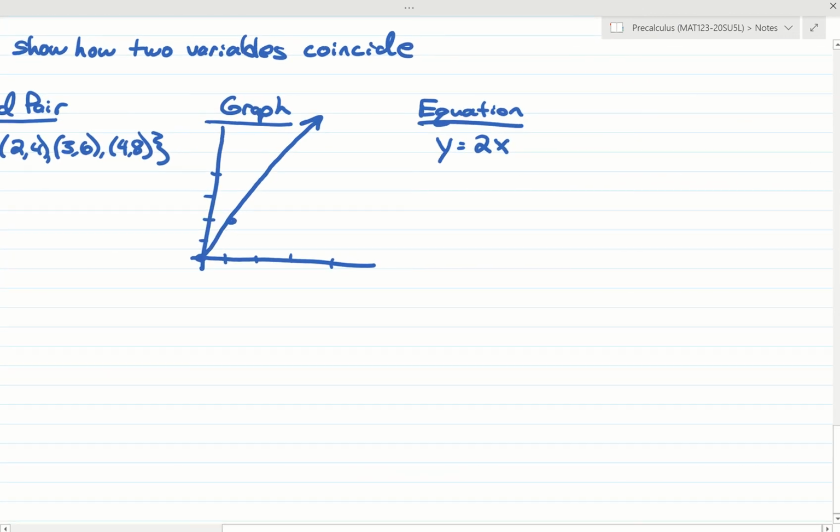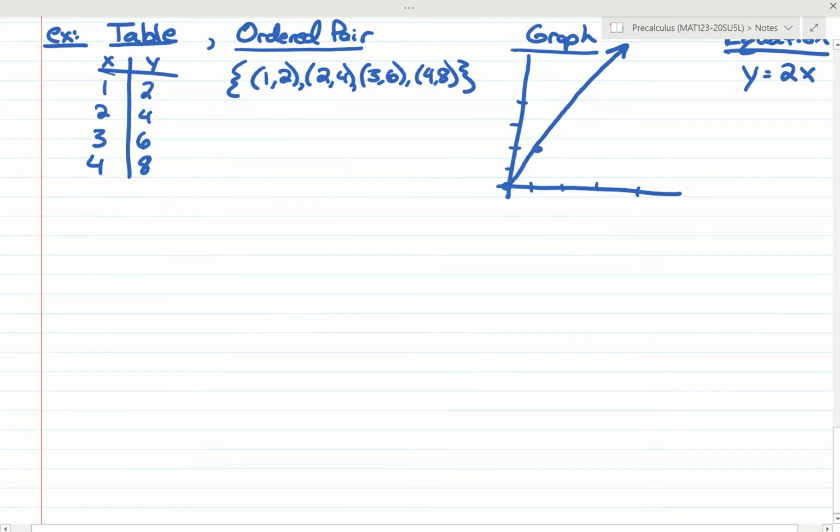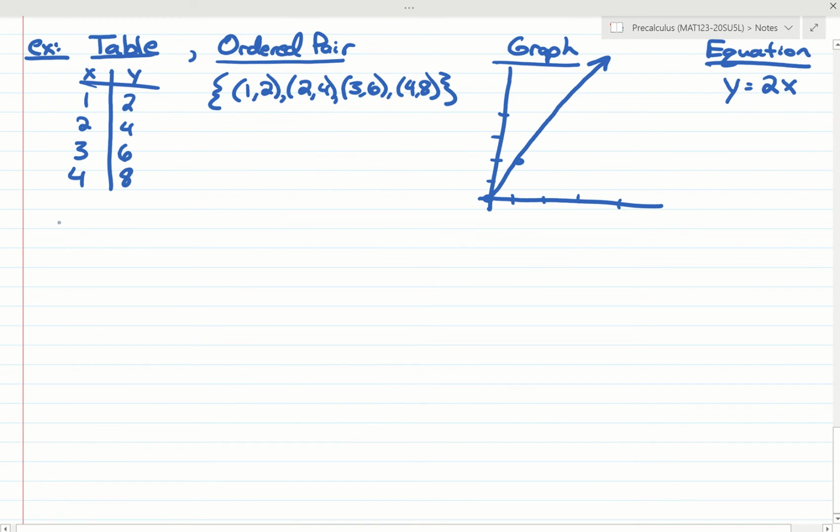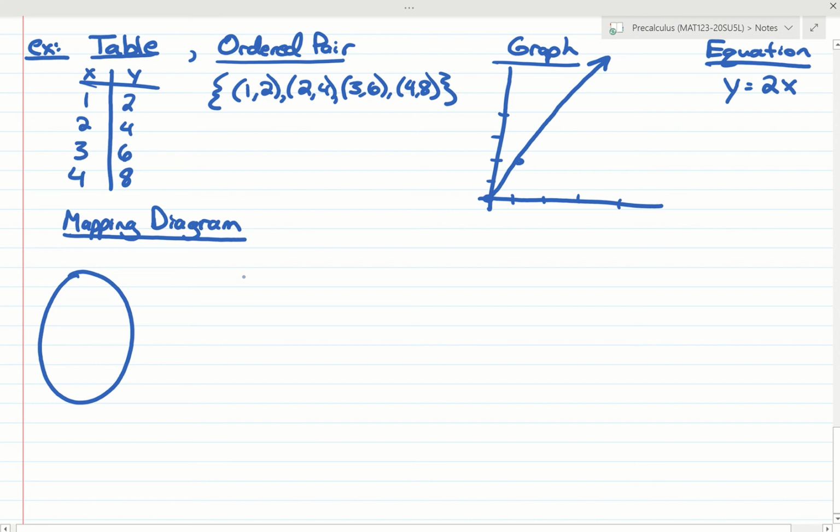And the last thing we could have is something called a mapping diagram. Maybe I'll draw it over here. A mapping diagram would look like this, where we have 1, 2, 3, 4.